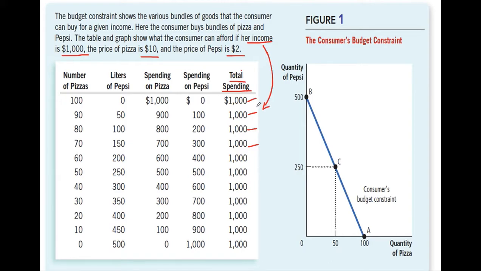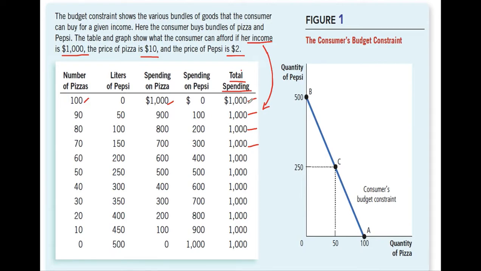Dividing this income between pizzas and Pepsi can be represented by many possibilities. For example, he can buy 100 pizzas, and this spending on pizza will be $1,000.